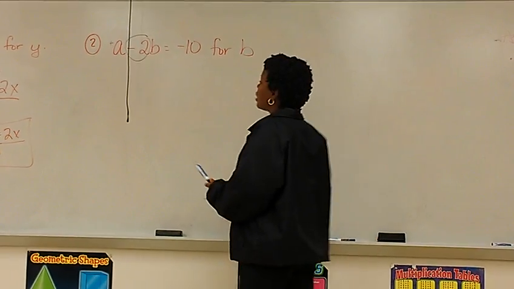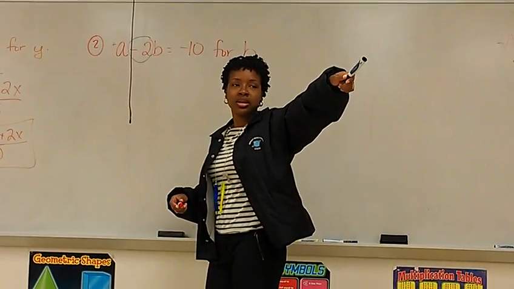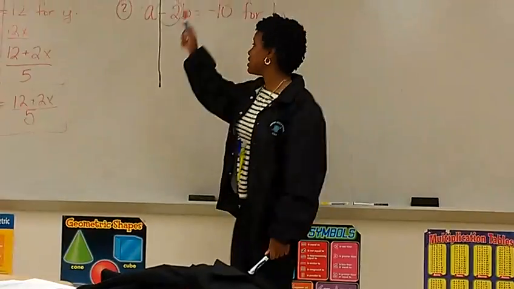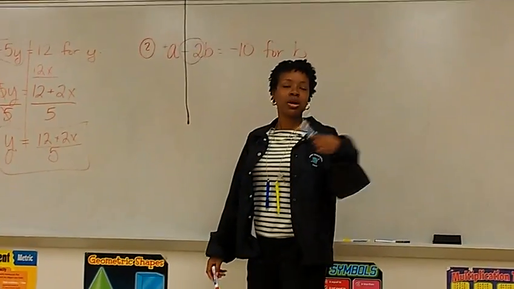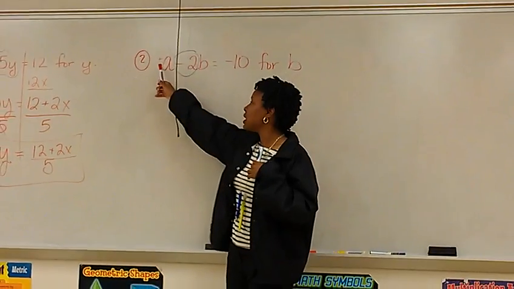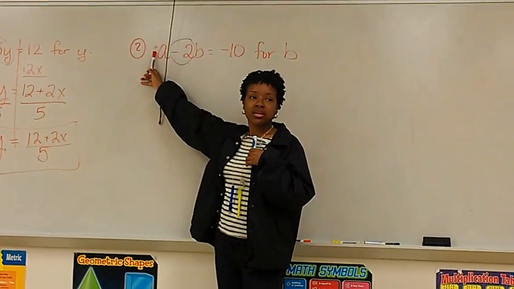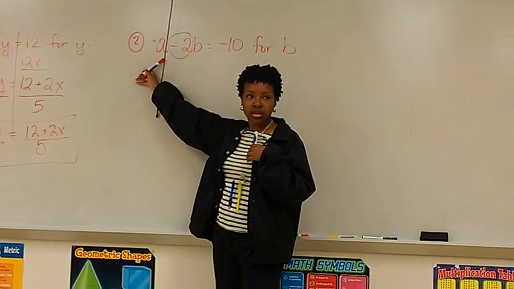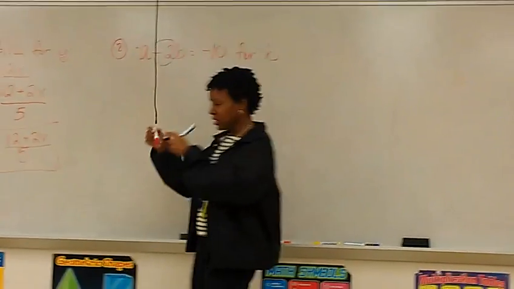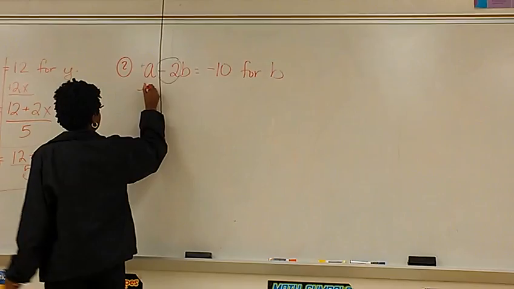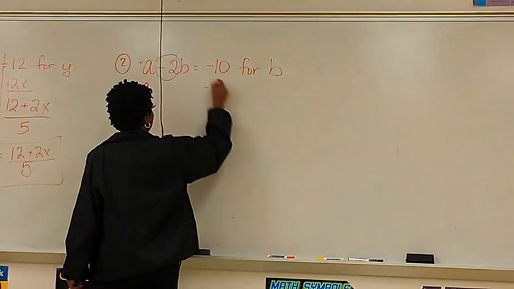Alright, so what do I do first, Whitney? What's the last thing they did? Come on, work with me. We just said it. Add what? So what are you going to do? See? You said you didn't know it. Subtract A from both sides.